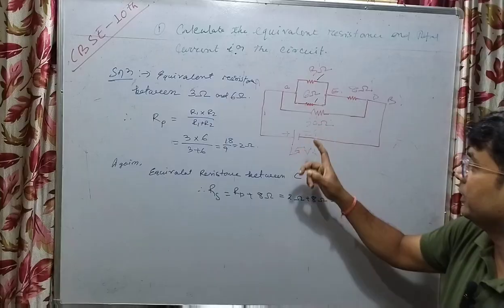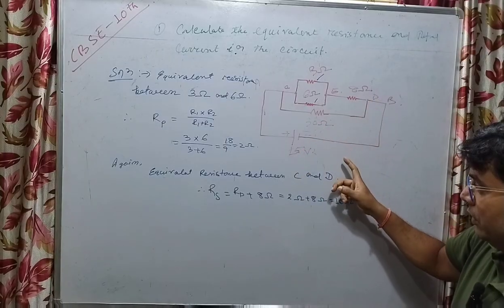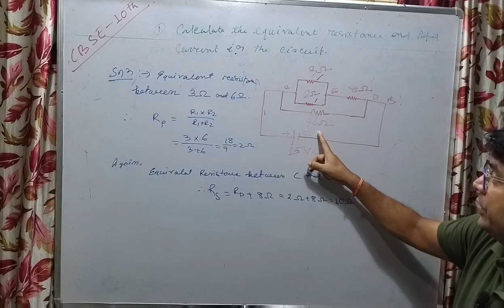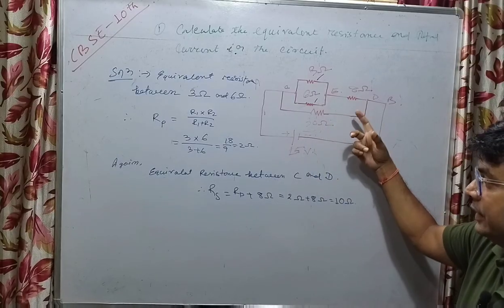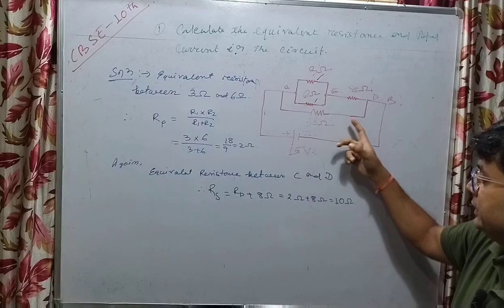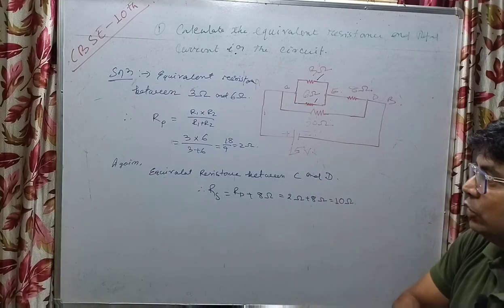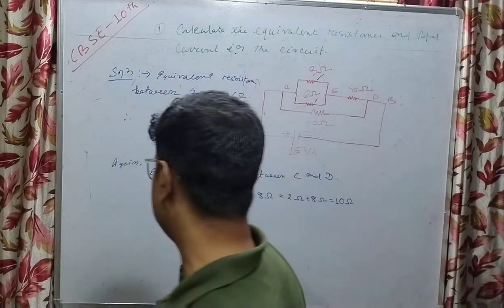This 10 ohm resistance will be connected in parallel with the 30 ohm resistance. Now I need to find out the equivalent resistance between 10 ohm and 30 ohm using parallel combination.